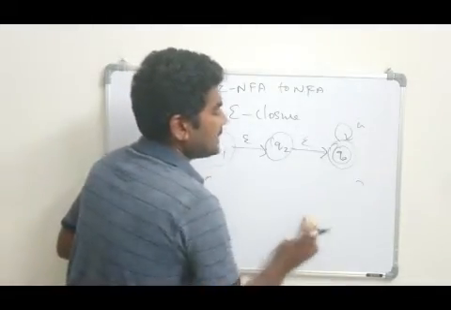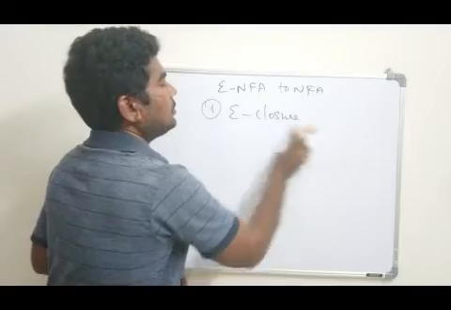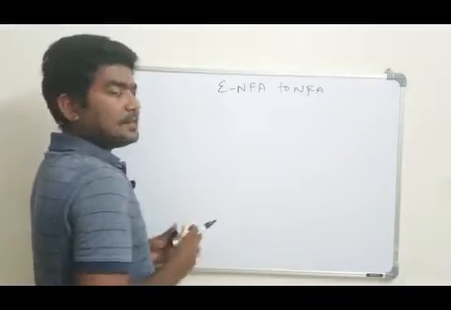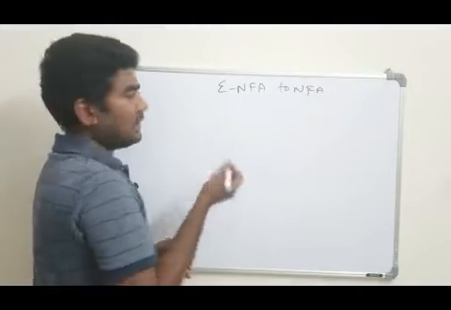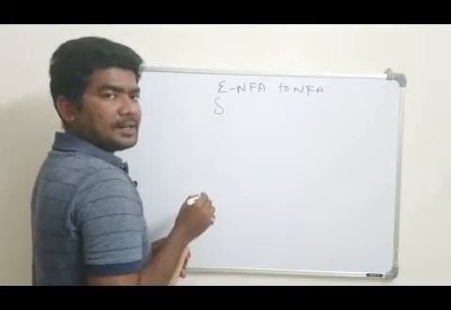Next is the extended transition. For the extended transition you use a formula. Normally you have the delta transition, right?